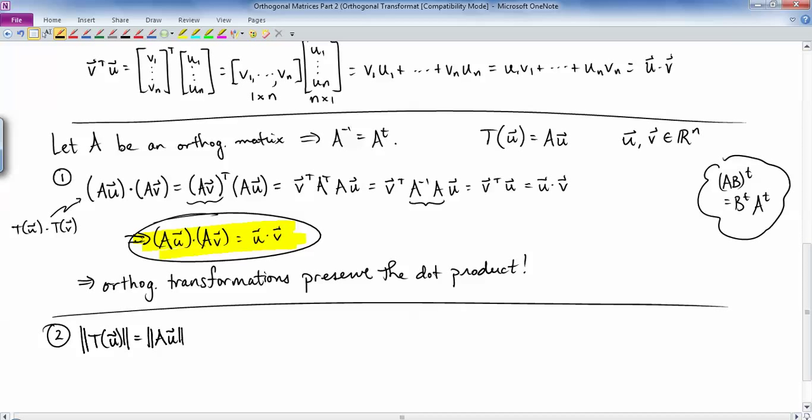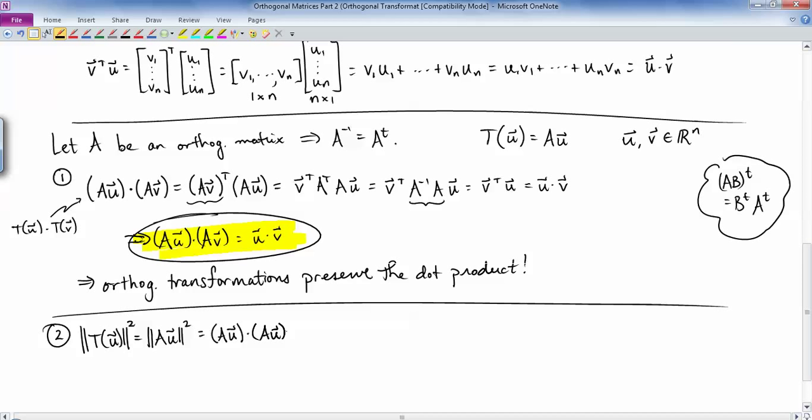Because that's how I'm defining my transformation. And A is an orthogonal matrix. Okay. So that I don't have to deal with a bunch of square roots, let's just square these. And then I know that AU, the magnitude of that squared, is really AU dot AU.